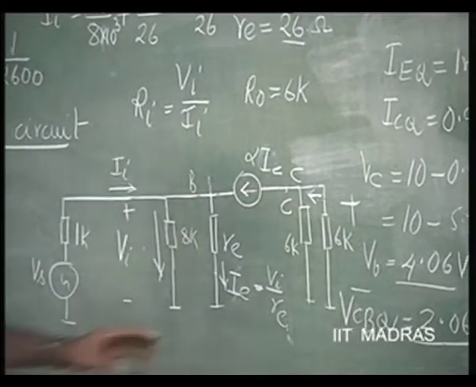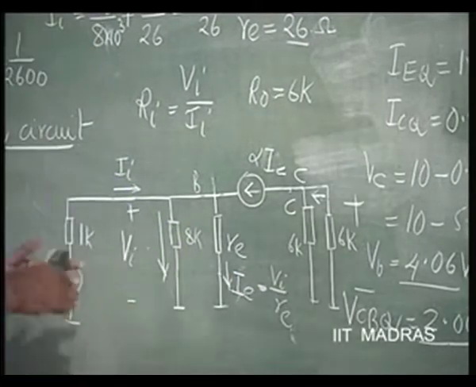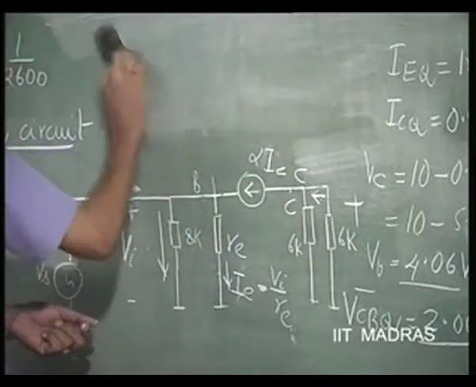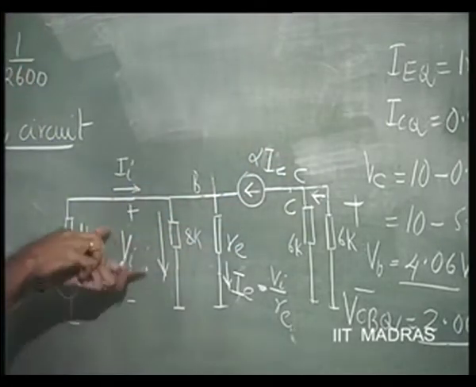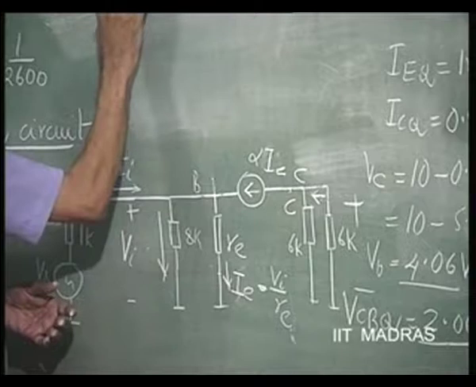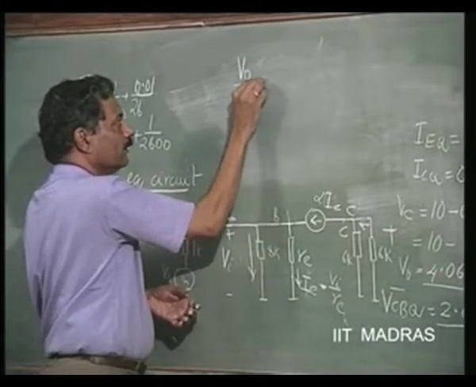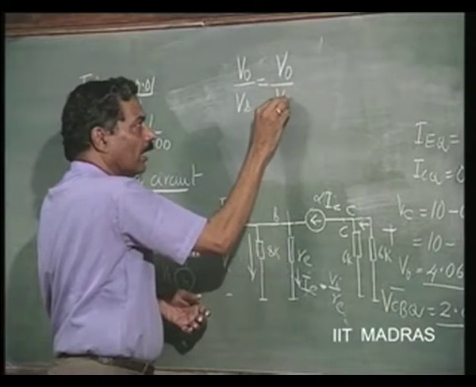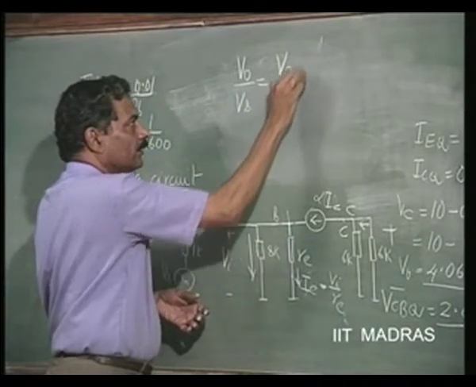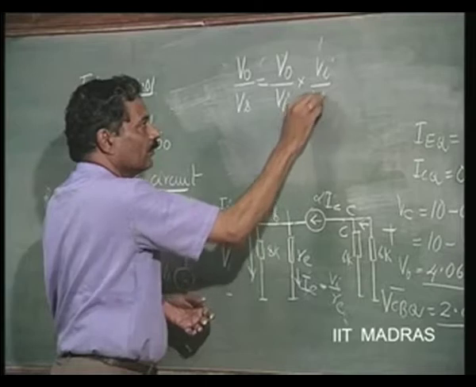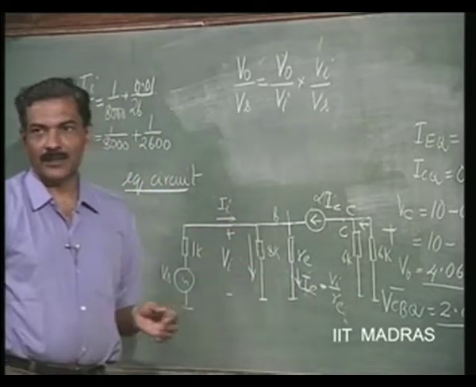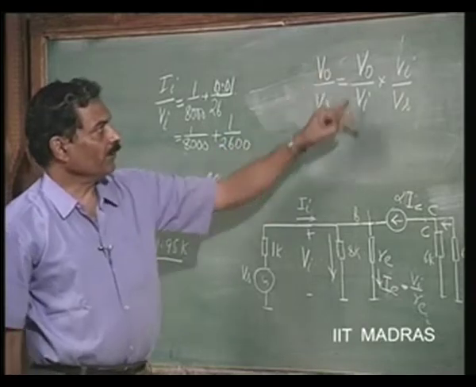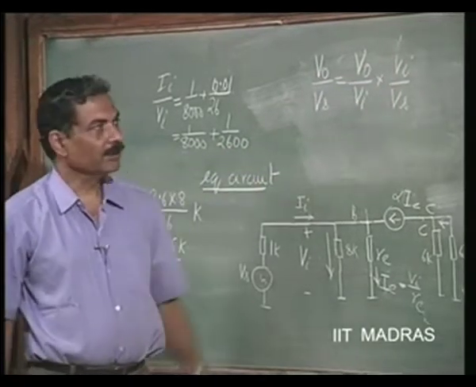Now, that can be very neatly put down as V naught by V s is going to be V naught by V I into V I by V s. This is how we have been doing, right. V naught by V I into V I by V s.